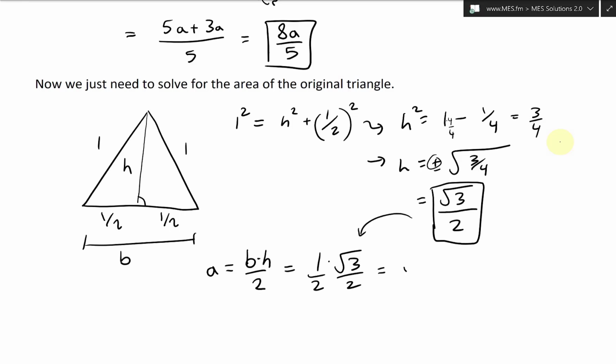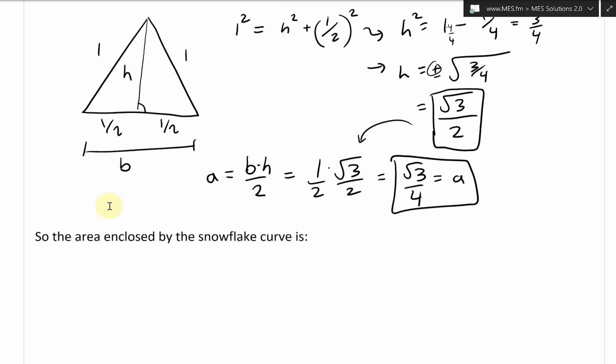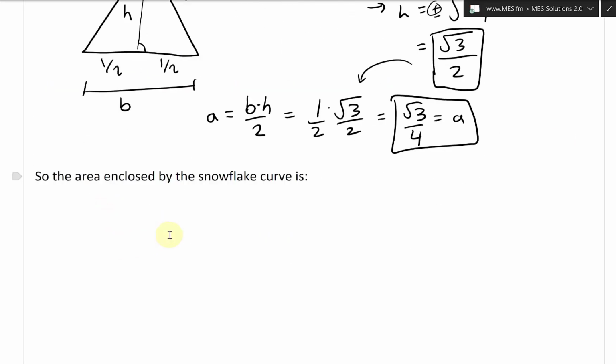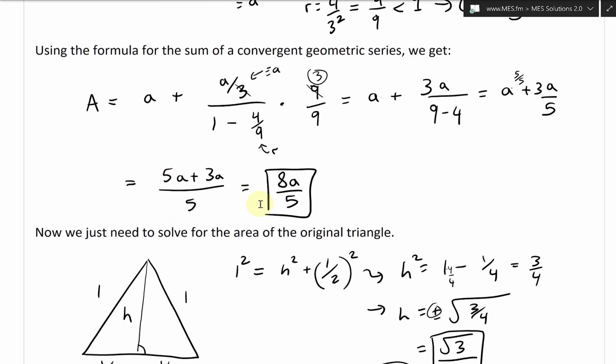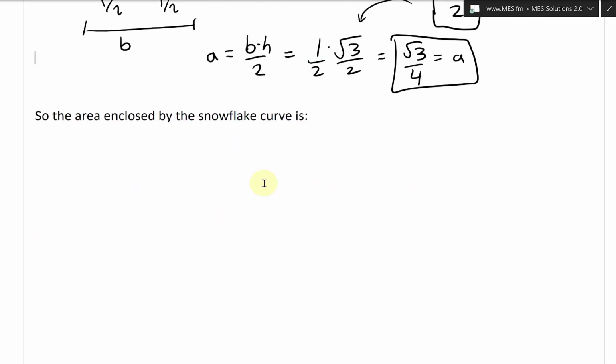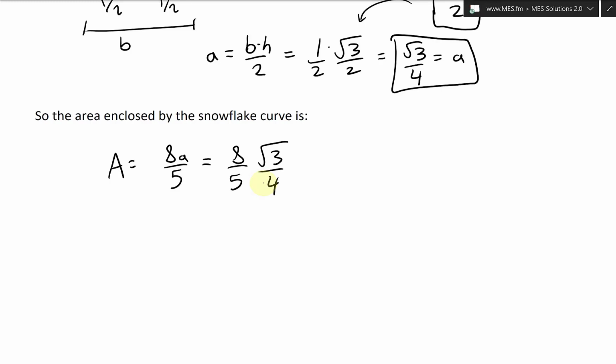This becomes square root 3 over 4 equals a, like that. So that is the original area. So the area enclosed by the snowflake curve is 8a over 5. So total area is equal to 8a over 5, which equals 8 over 5 times square root 3 over 4, like that.